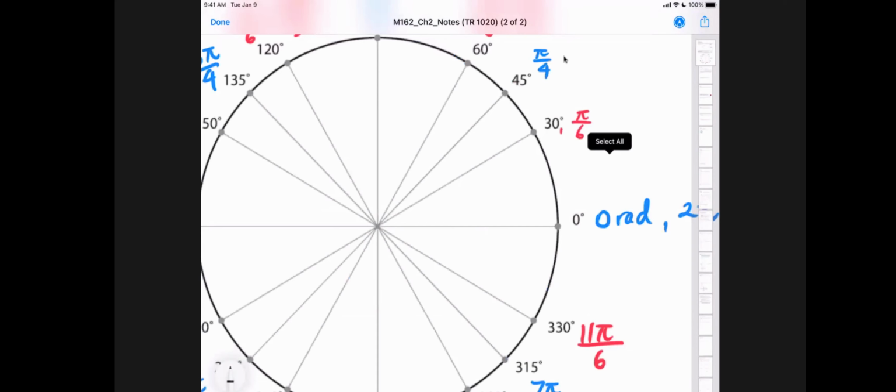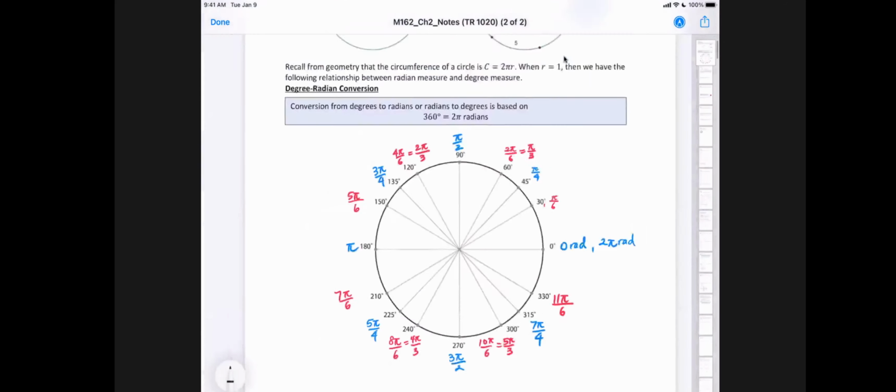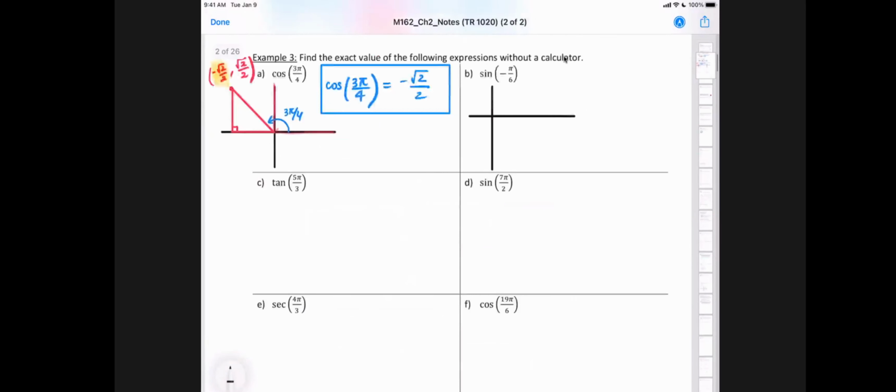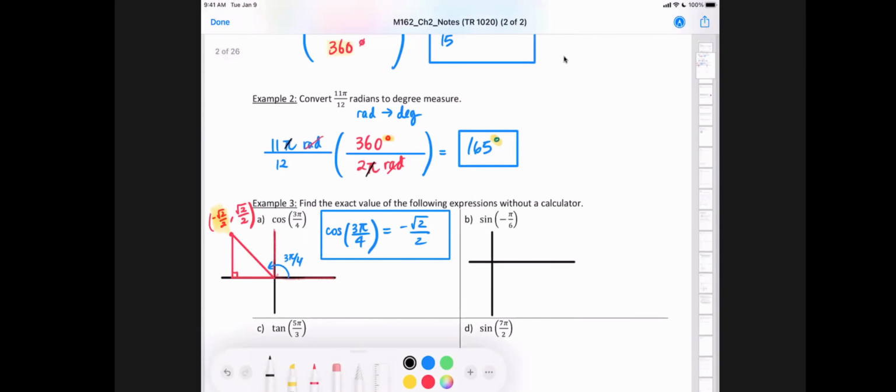So we make our 30-degree angle, but clockwise, and that's a negative pi over 6 slice. So that rotation is negative pi over 6.